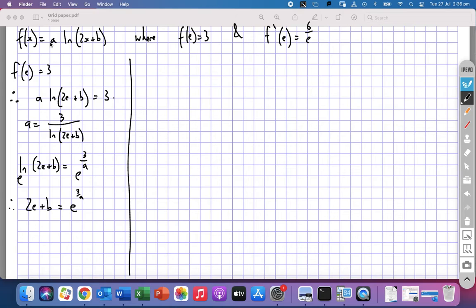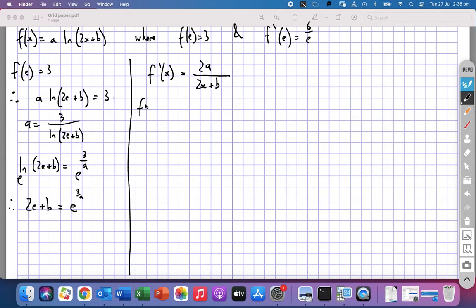And now let's look at the derivative. The derivative of this function is a on whatever's in the log goes on the bottom, 2x plus b, and then we look on the inside, we have to times by 2.